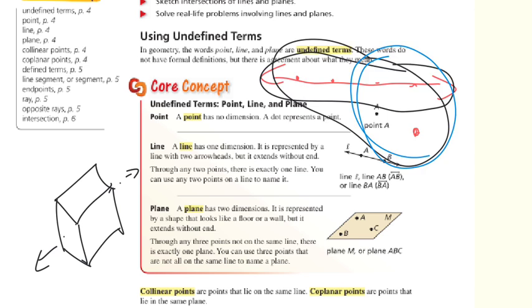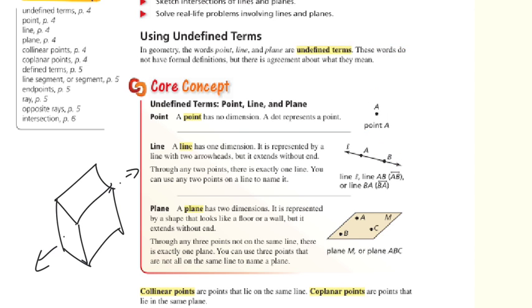So to name a plane, we're going to need 3 non-collinear points. For example, we could call this plane right here plane ABC. The order you give them in doesn't matter. I could call it BAC, CBA, whatever.